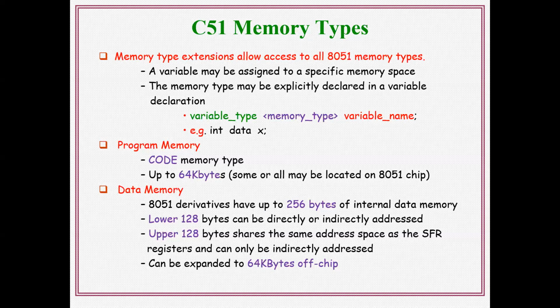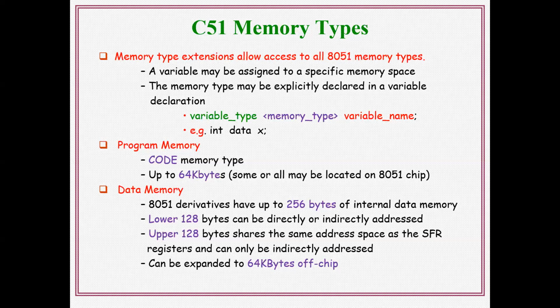First, a variable may be assigned to a specific memory space. The memory type may be explicitly declared in a variable declaration. For example, the syntax is variable type, memory type, variable name.